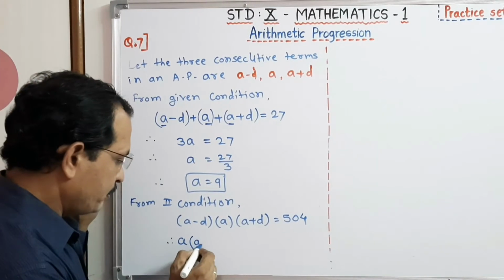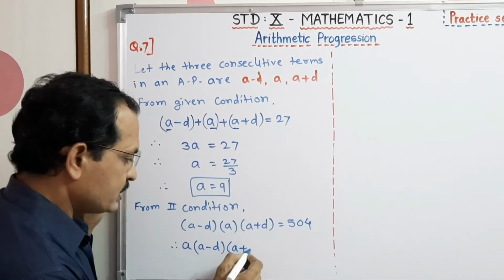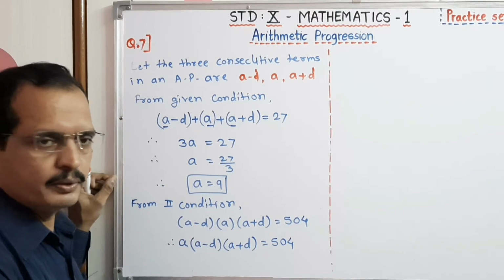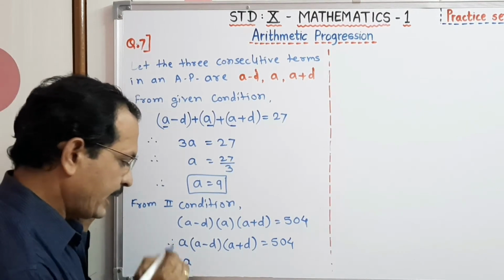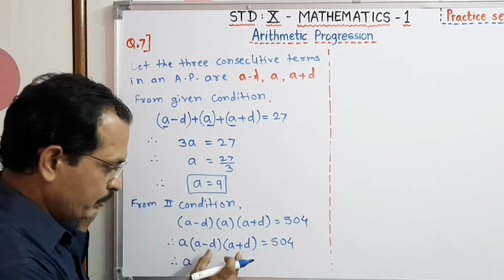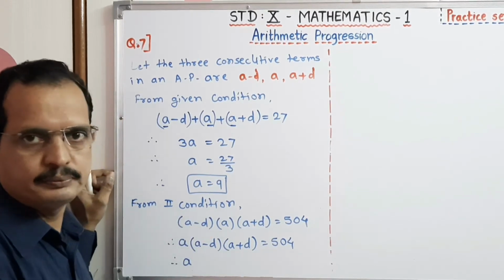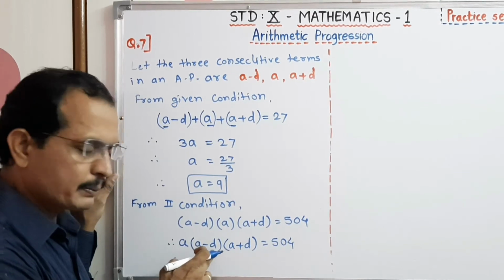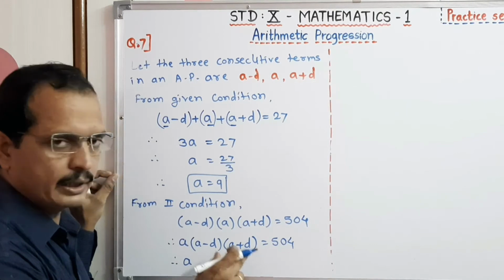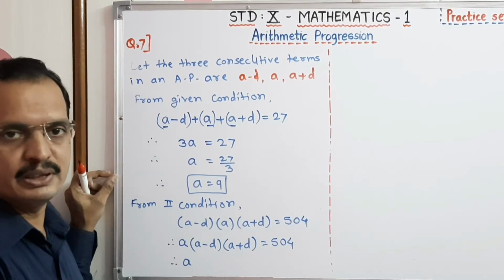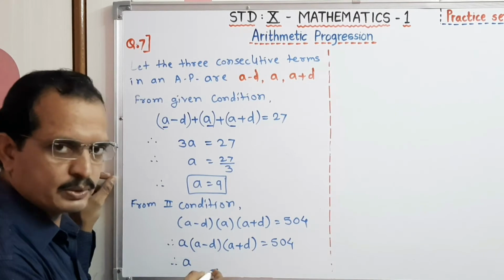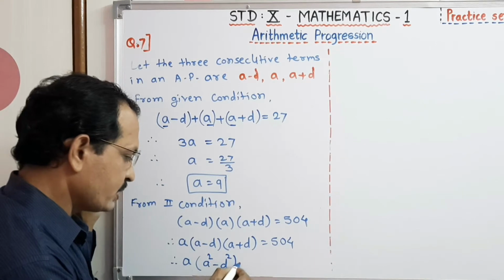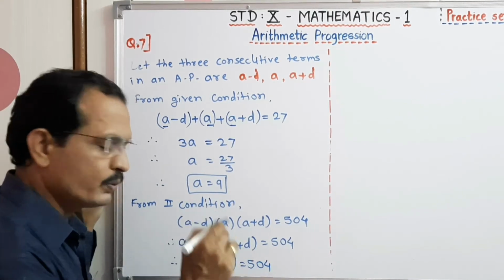Then I write here A into A minus D into A plus D is equal to 504. Got it? Now see here, I write this A as it is. Can anyone tell me, instead of this we can write? See here, sum of these 2 numbers, and here the subtraction of that same number, and the product is there. That means A plus B and A minus B. Therefore, we can write A square minus B square. Therefore, we can write here A square minus D square is equal to 504.